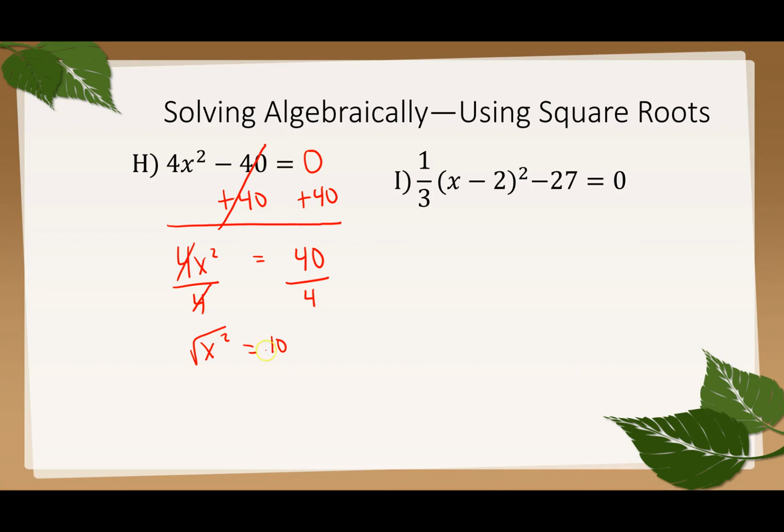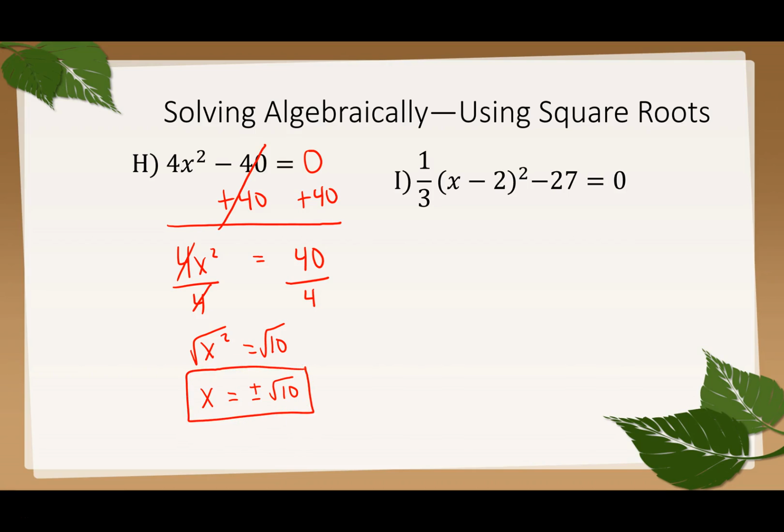Okay, square root both sides, and I get x is equal to plus or minus the square root of 10. Can I reduce 10 into anything? Well, sure, I can go 2 and 5, but none of that is going to reduce any more than the square root of 10. So that's it. That's my answer.